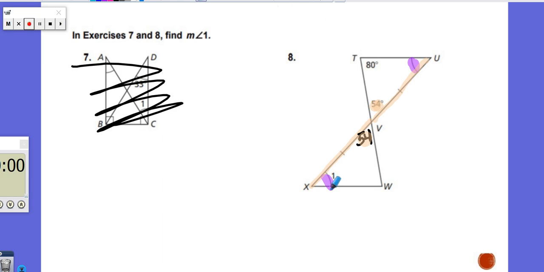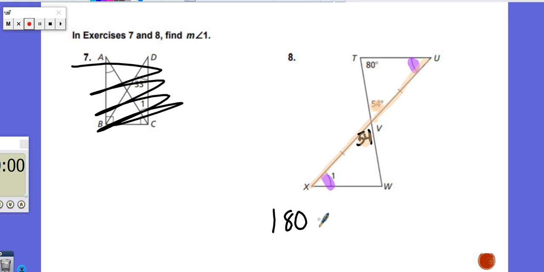I am stuck because I have to find this purple one. So I need to go up here and look in this triangle, and I have two angles. So if I figure out this angle, then I know this angle down here. I know that in a triangle, if I add all the angles together, that's 180 degrees.